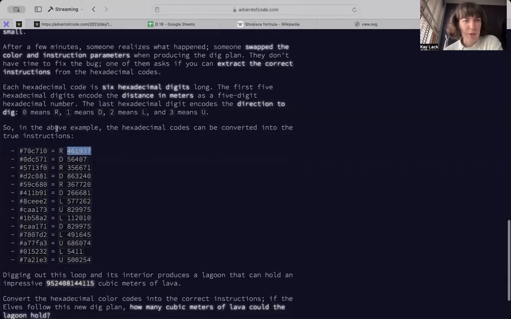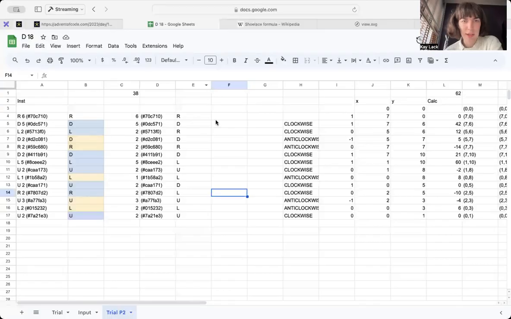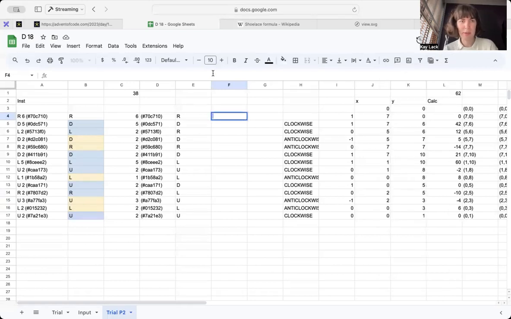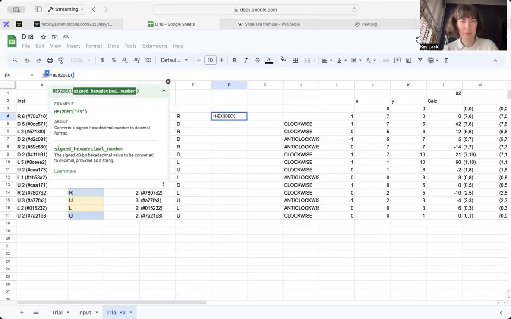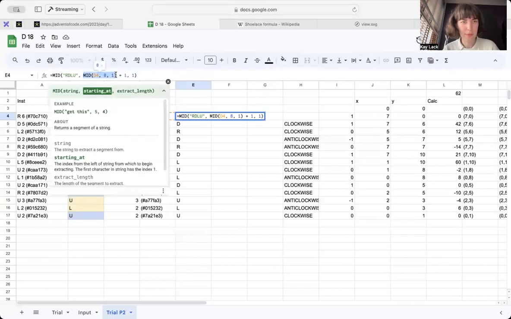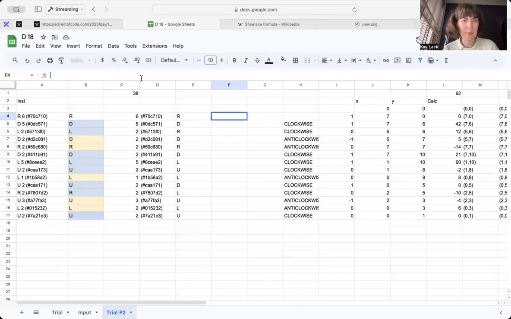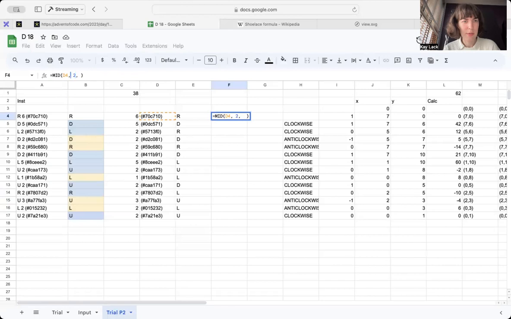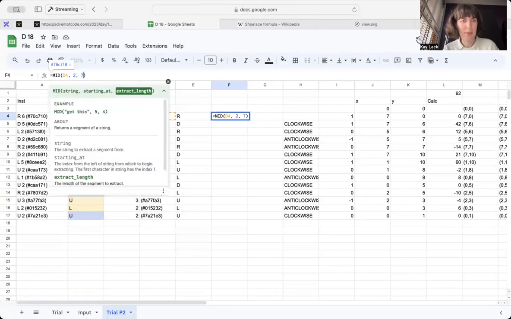And then we've got hexadecimal on the other characters. Do we have anything like that in Google Sheets? Yes. What a joy. This is going to be from something like 2 through 7.